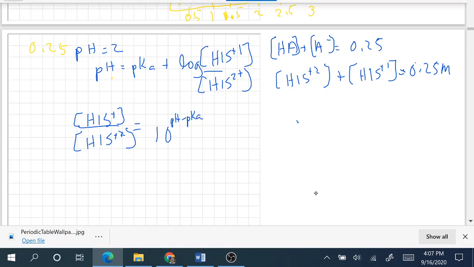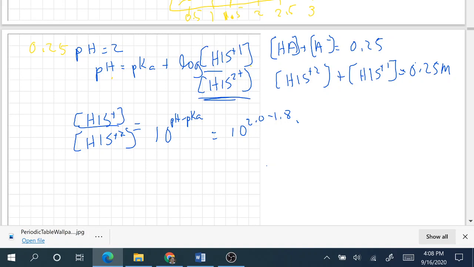And we had this formula previously. Alright, and so that's equal to 10 to the 2.0 minus 1.8. Okay, so I'll solve for this right here. And that's equal to 1.58. Okay?